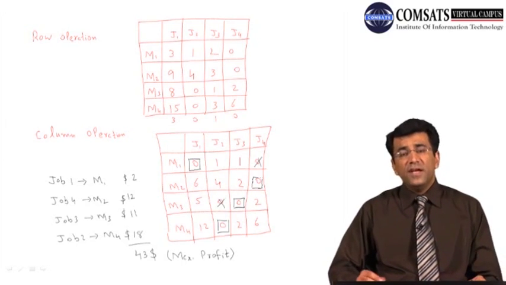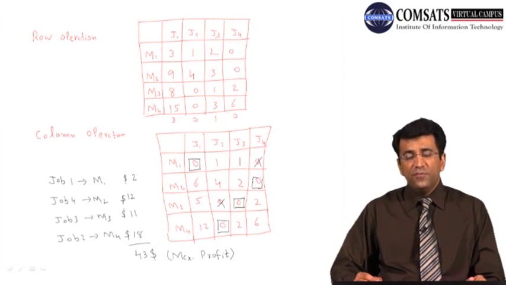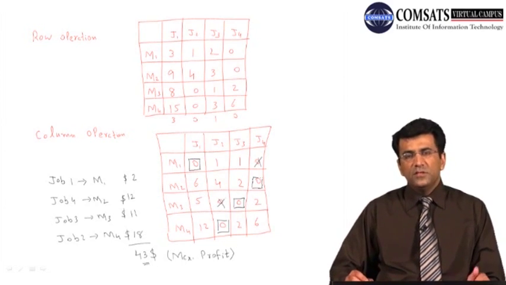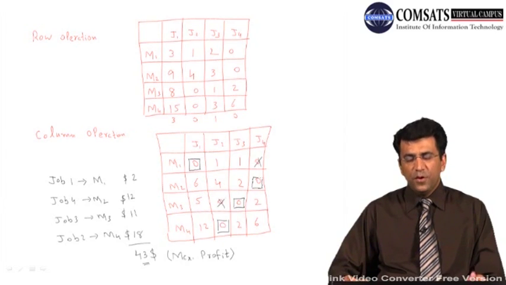We cannot have any other alternative plan of assignment through which we can have a greater profit than this value of $43. So this is the procedure which may be used in order to maximize the profit if we are facing assignment related problems. And students, we have used two different methods for this similar problem, and you can see that we have the same profit margin.